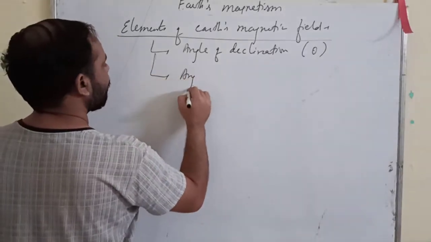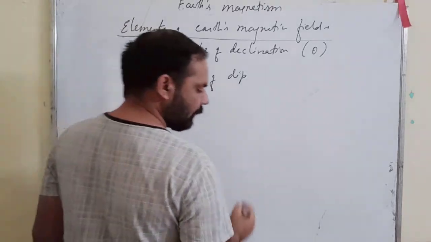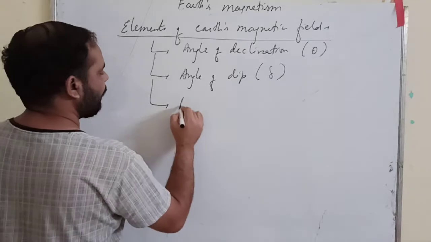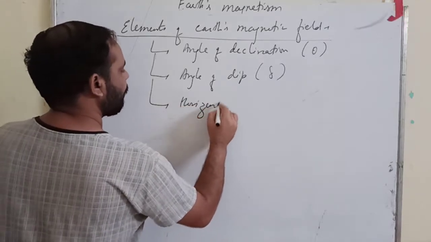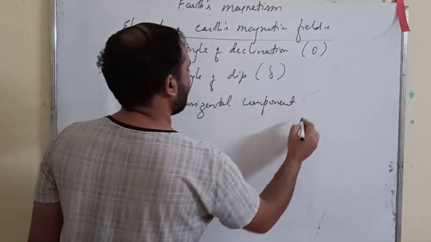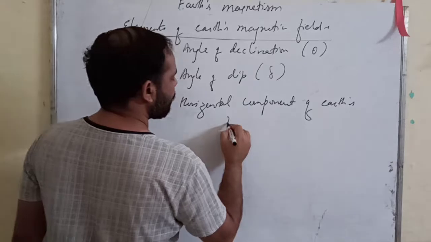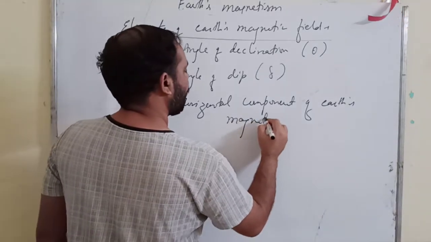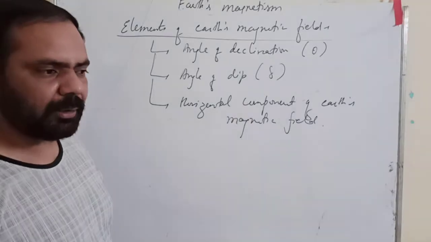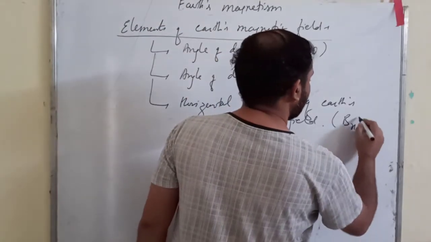Second, the angle of dip, which we will denote by delta. And third, the horizontal component of Earth's magnetic field, that is BH.